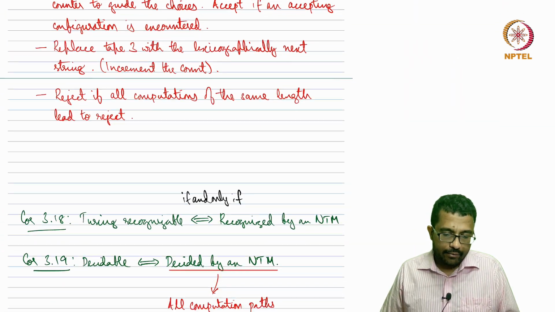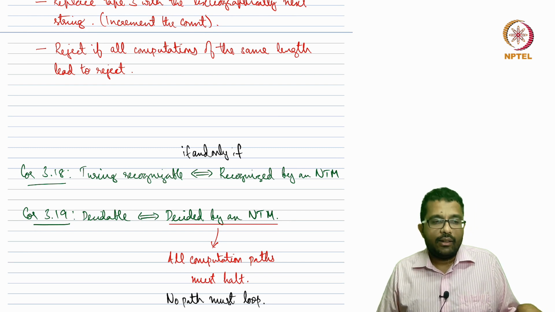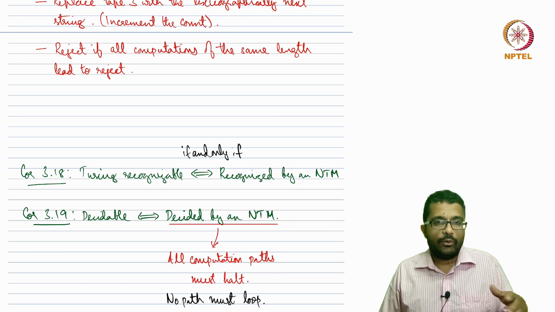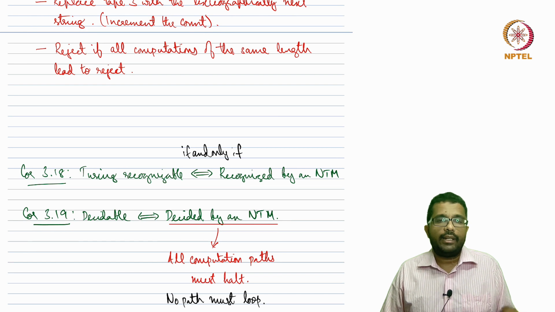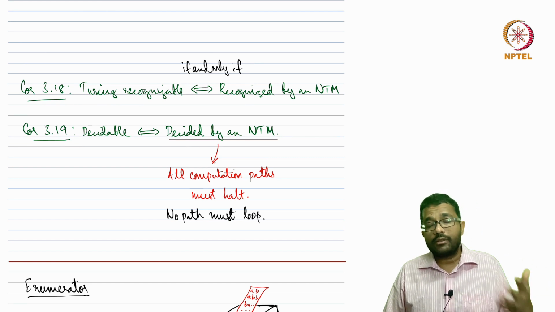Then we said that a language is Turing recognizable if and only if it is recognized by a non-deterministic Turing machine, and a language is decidable if and only if it is decided by an NTM. When I say decided by a non-deterministic Turing machine, I want all computation paths of all the strings to halt.